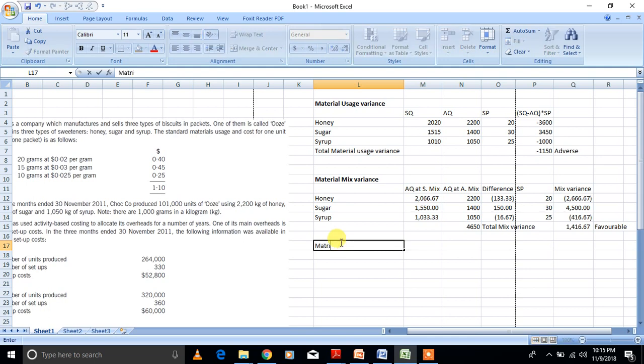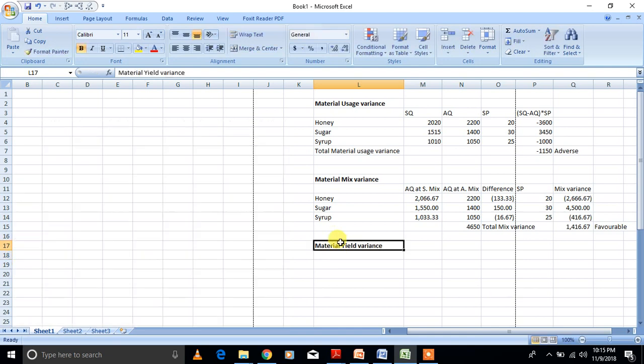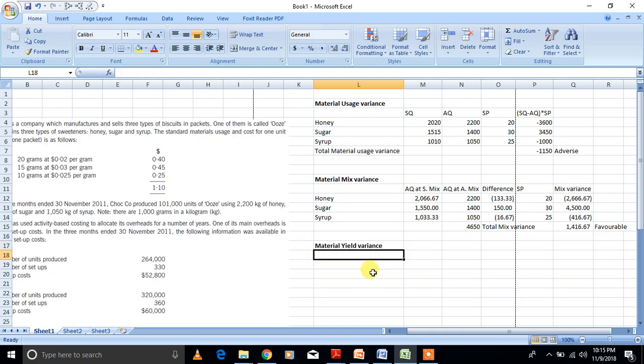Material yield variance. Standard input to output. What's the mix they have given, or what's the ratio they have given?